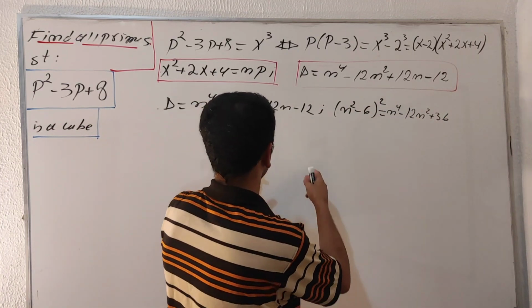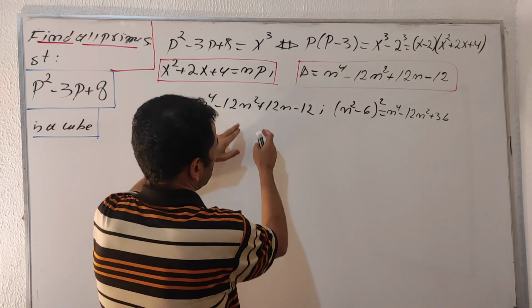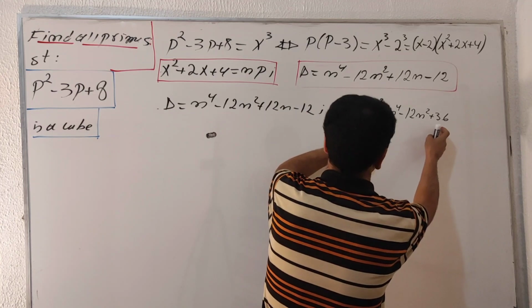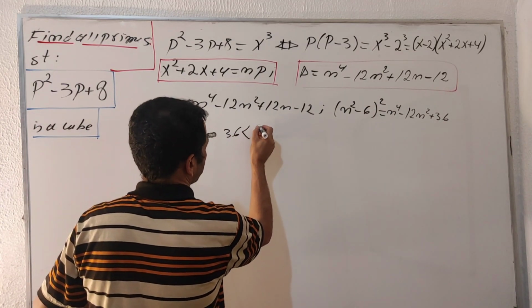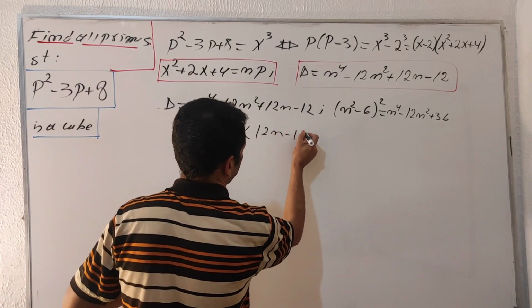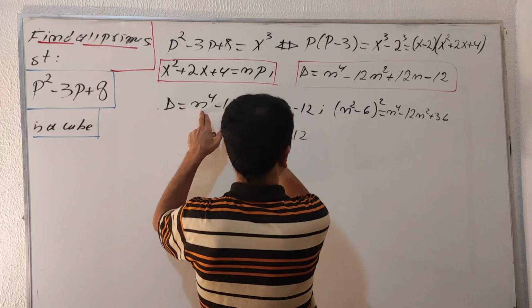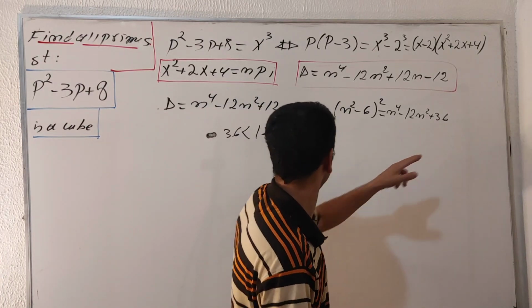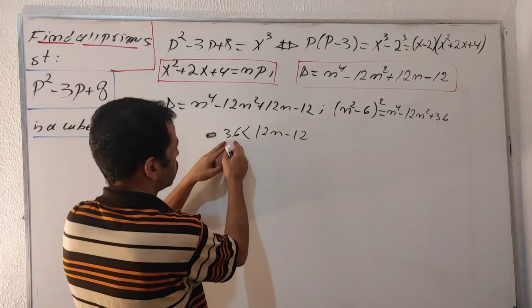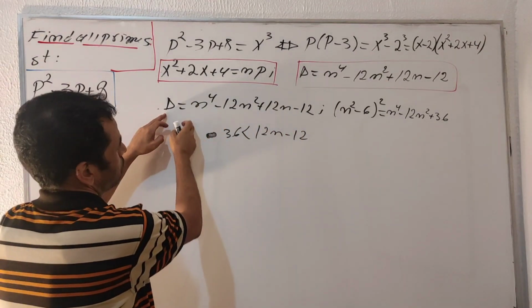In order to make this one inferior to this one, we must have 36 strictly inferior to 12n minus 12, because this one and this one are the same. The only difference is 36 and these two objects. We want to prove this one; it must be strictly inferior to this one.